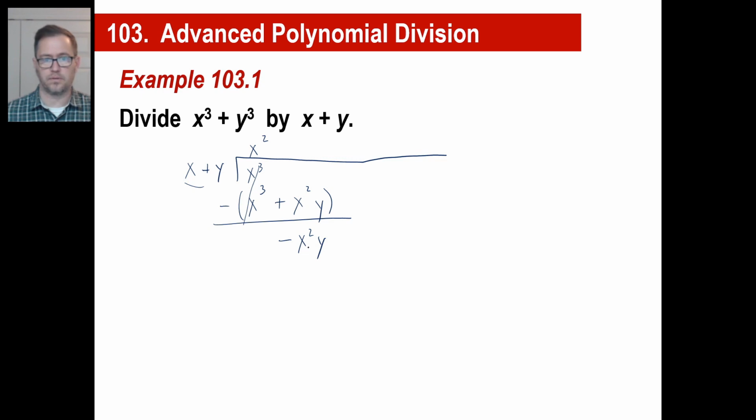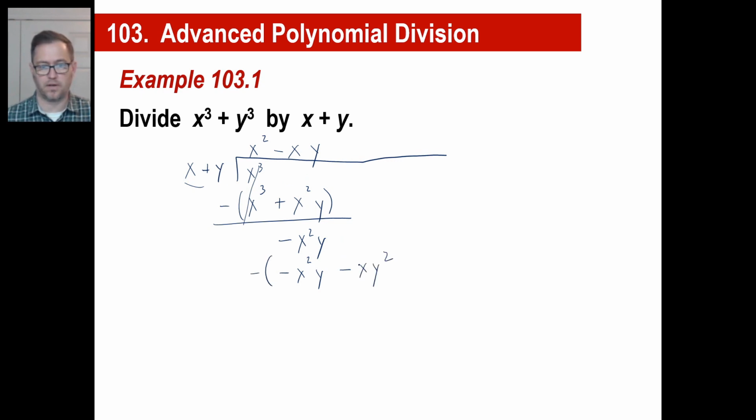Well, what's the answer? x goes into negative x squared y negative x times, but there's also a y there, right? Okay, well, let's go ahead and do negative xy times x plus y. So negative xy times x, we know what that's going to be. It's always the same thing. And then negative xy times y would be negative xy squared.